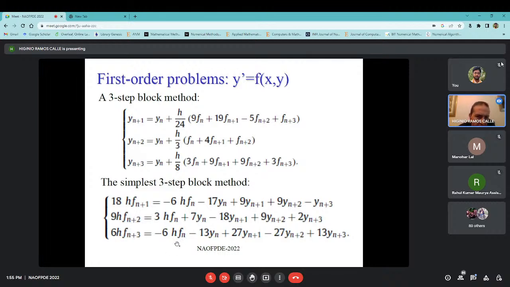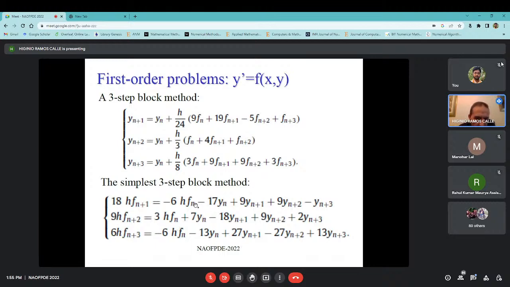So what is the difference between these two formulations? The difference is that f appears many times on the right-hand side of this formulation. And in this case, f does not appear in the right-hand side of these formulas.